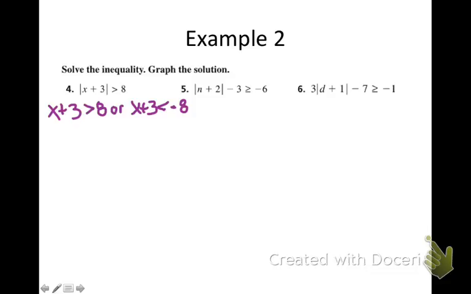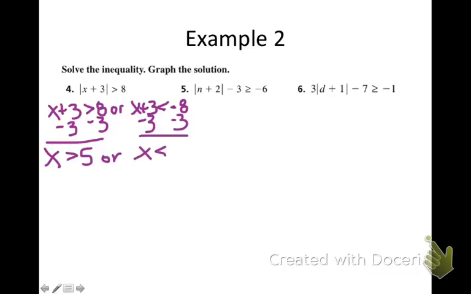We're multiplying both sides by a negative, which flips the sign. So solve each one by subtracting 3 on both sides. So you have x is greater than 5, or you have x is less than a negative 11. And then we can graph this inequality.